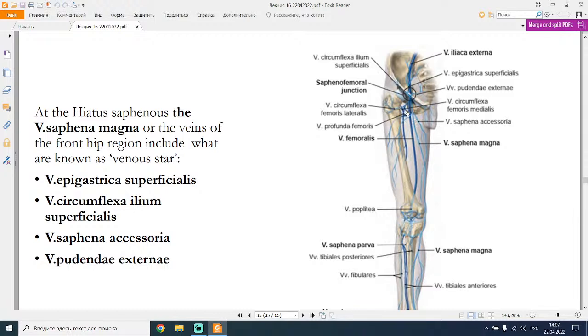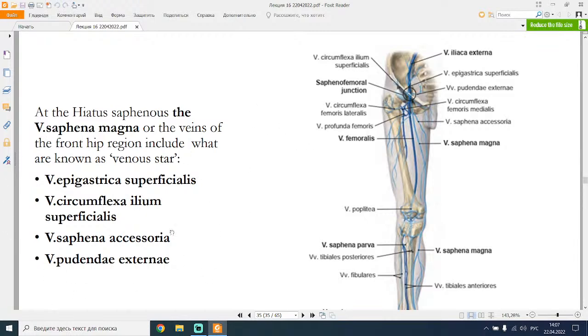At the hiatus saphenus, the vena saphena magna receives the veins of the front hip region, known as venous star tributaries. These include vena epigastrica superficialis, vena circumflexa ilium superficialis, and vena saphena accessoria, and vena pudenda externa.